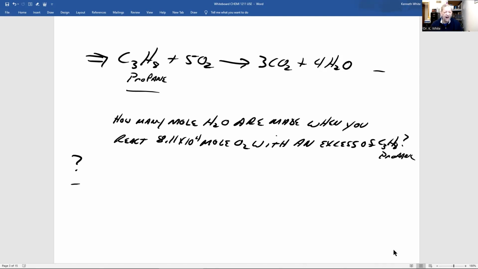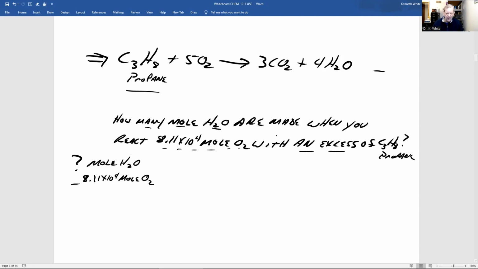What are we trying to find? How many moles of water? What are we given? 8.11 times 10 to the fourth moles of oxygen. Now, as soon as you see an excess of something, you can forget about it. I like that. I forgot about propane now.